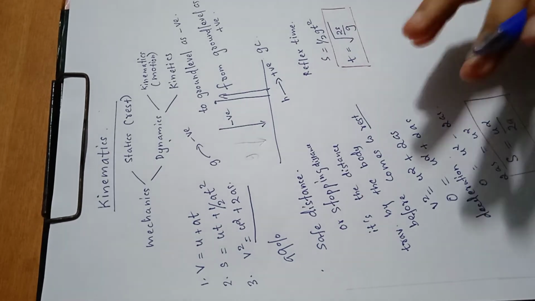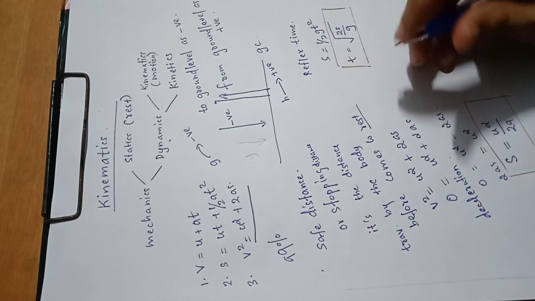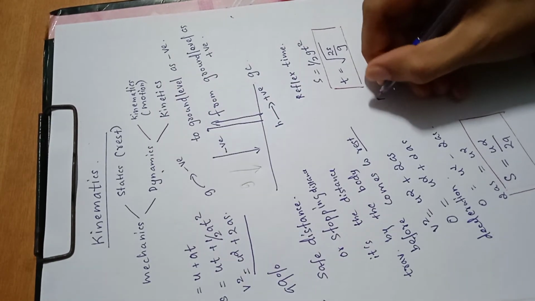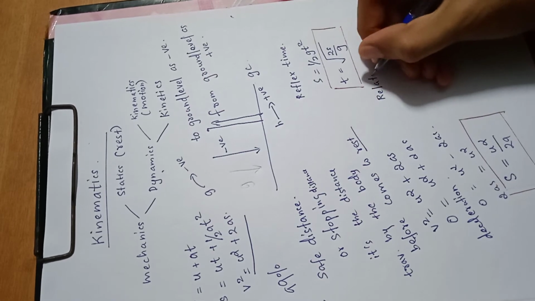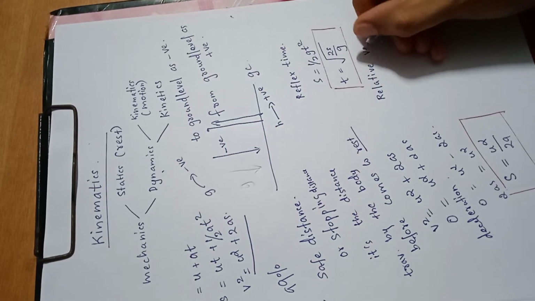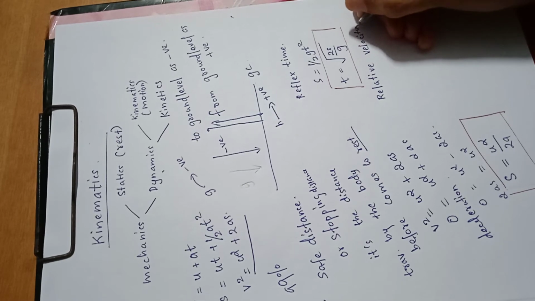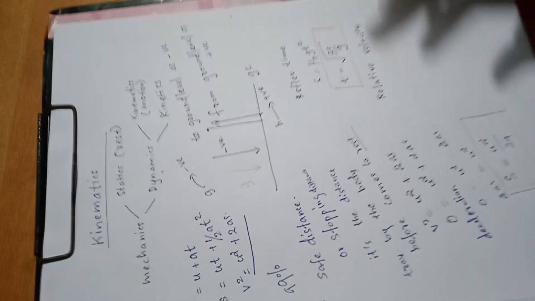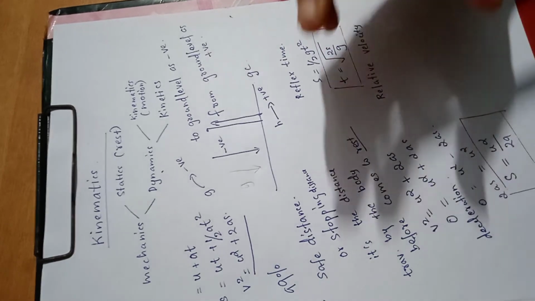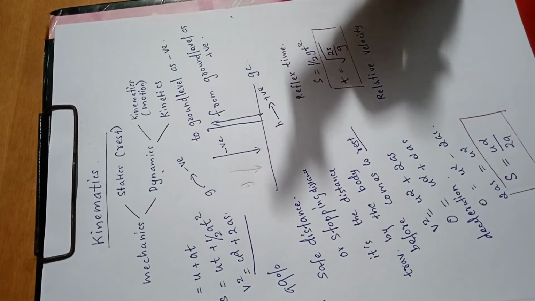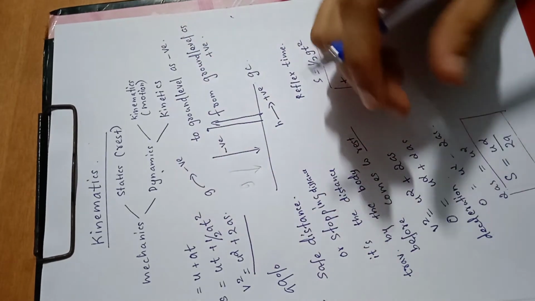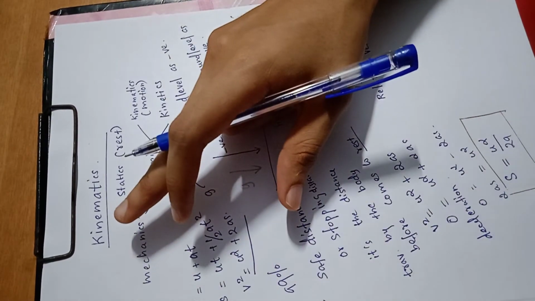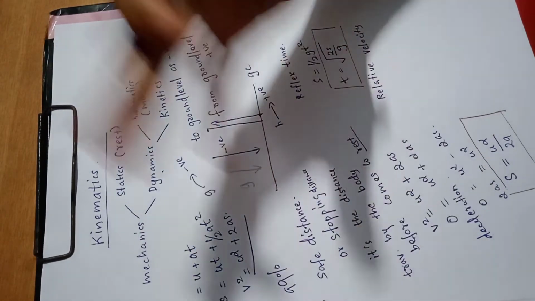Then we have relative velocity. Just remember what relative velocity is, because it's just relative. In relative velocity we are finding the velocity of a body, and we are given the velocity of another body which may be at rest or in motion. Simple.